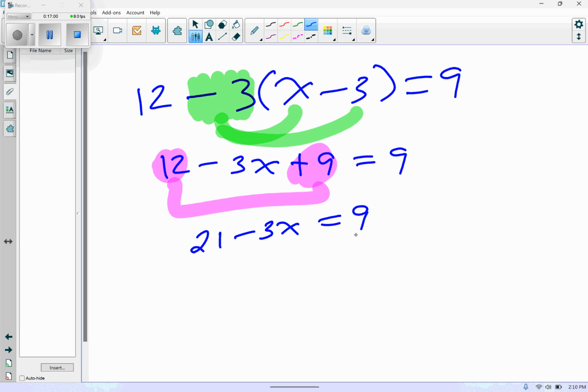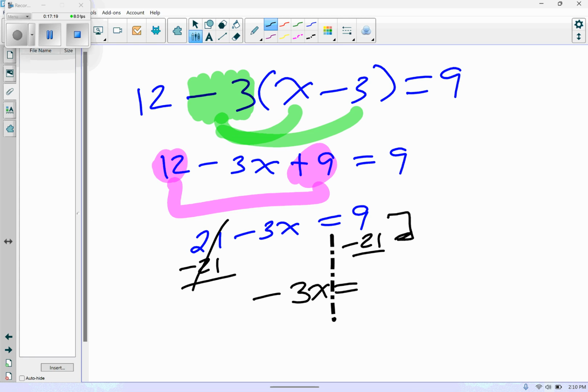Okay? And then you think you want to subtract 21? This is a positive 21 as it sits. Do the opposite. That cancels. Is it okay that if we combine those together, we wind up with a negative 12?